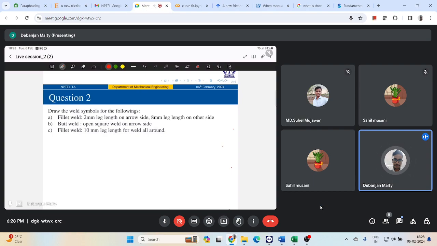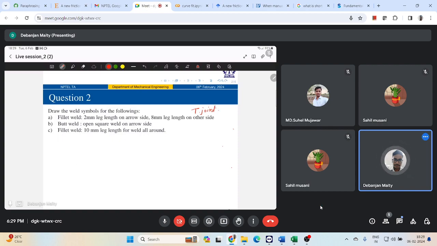So first one said we have this fillet weld where you have this 2 mm leg length on arrow side, and you have 8 mm leg length on the other side. So how will the symbol look like? I have not mentioned what kind of joint it is. So let's say I want to do some T joint over here where I am doing some fillet weld, right?